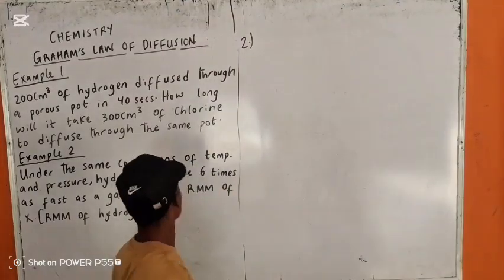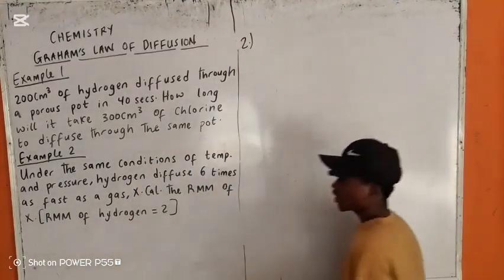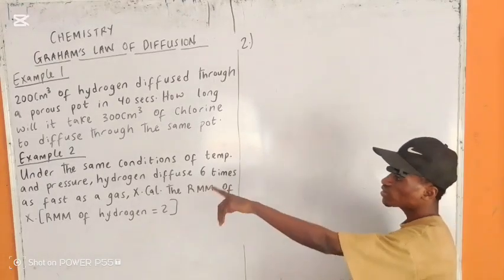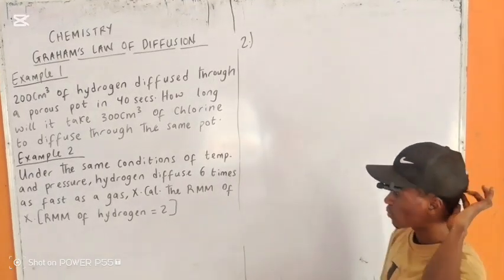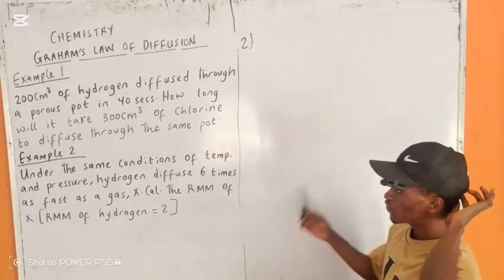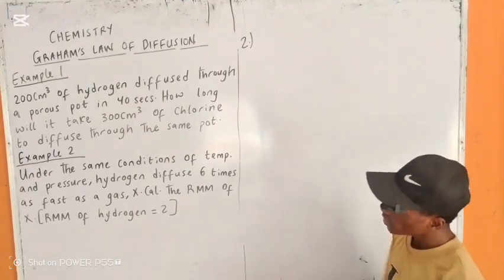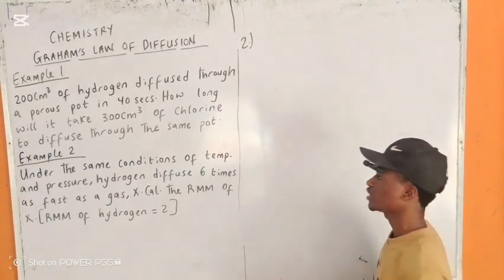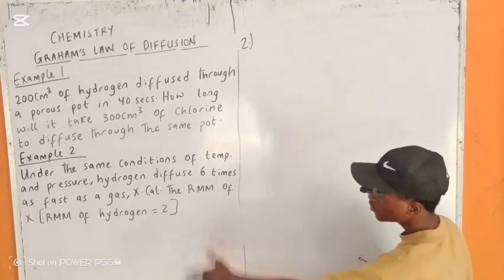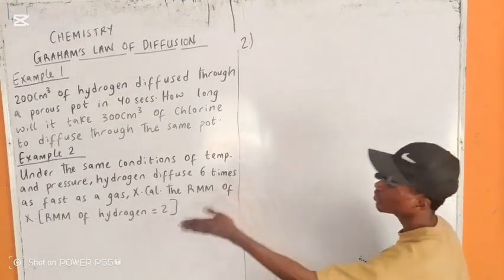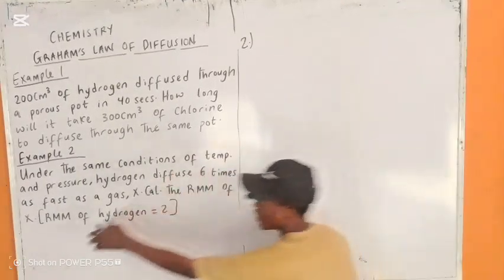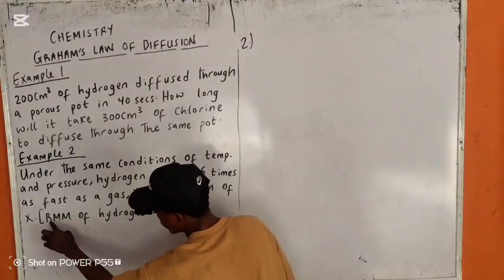Now, example 2. Under the same conditions of temperature and pressure, hydrogen diffuses 6 times as fast as a gas X. Calculate the relative molecular mass of X. The relative molecular mass, which is RMM, of hydrogen: RMM means relative molecular mass.